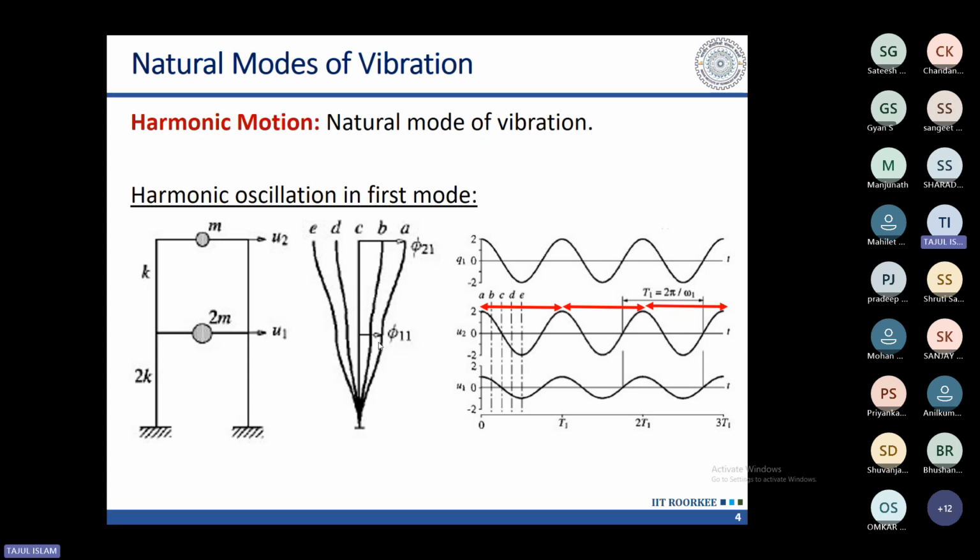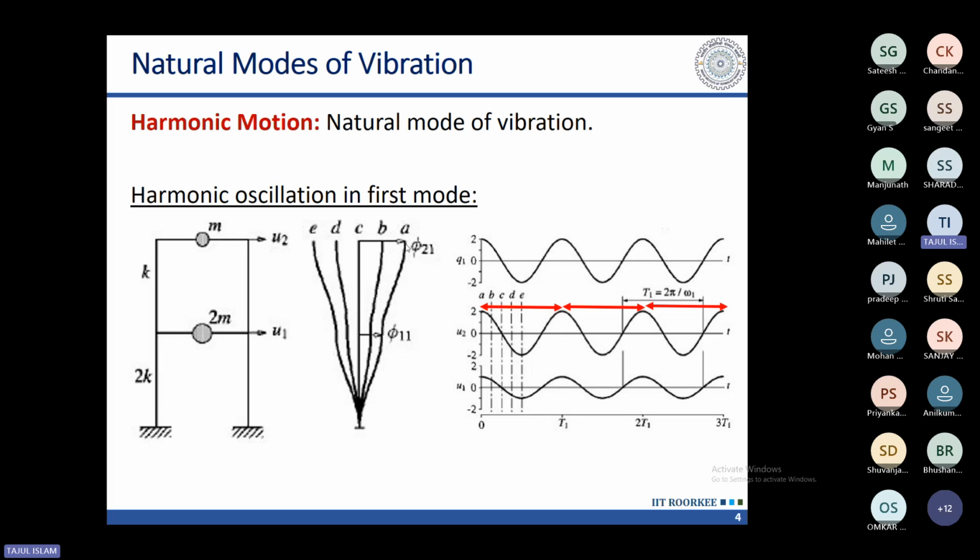One more condition in harmonic motion is that each of the stories will reach their respective peak at the same time. If you compare the plots of the first story and second story, at time 0 this was the peak of the first story, and at the same time this was the peak of the second story.